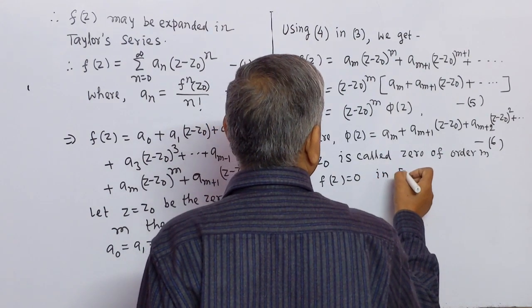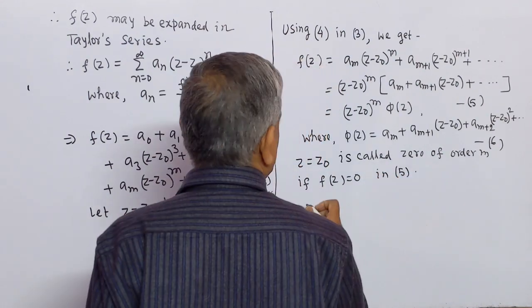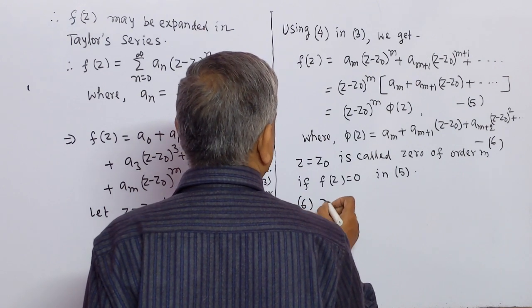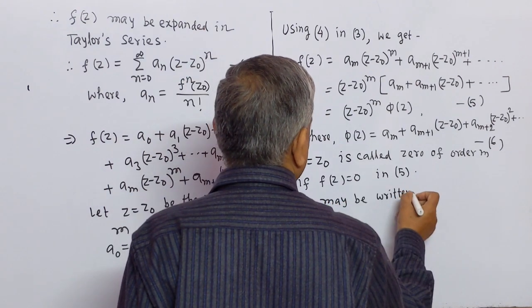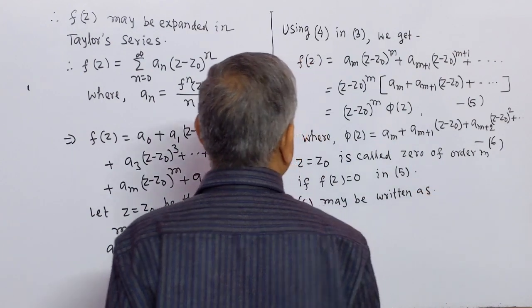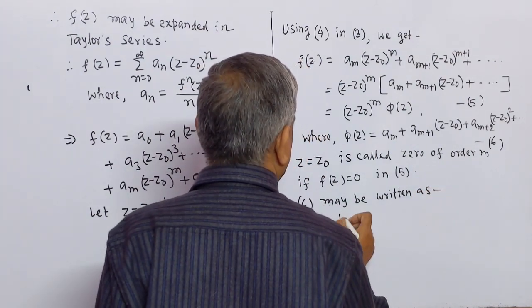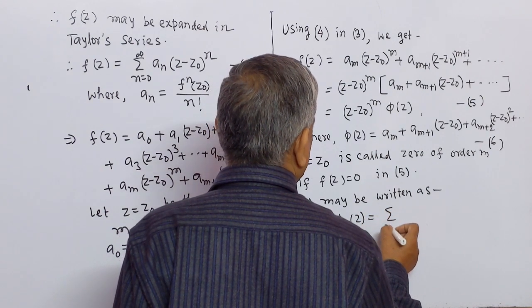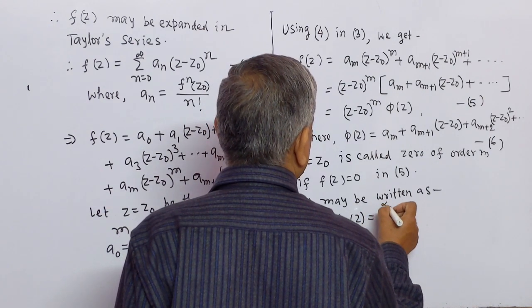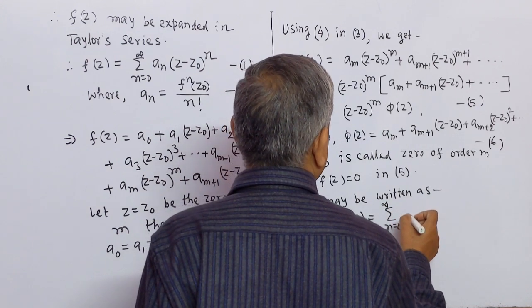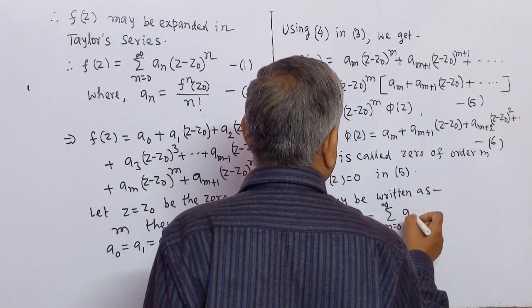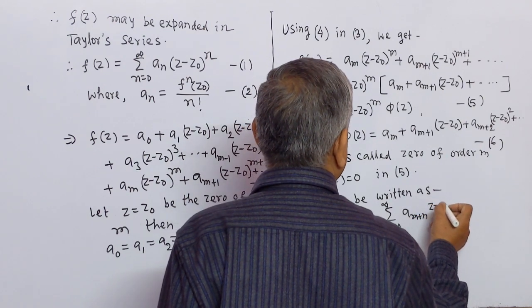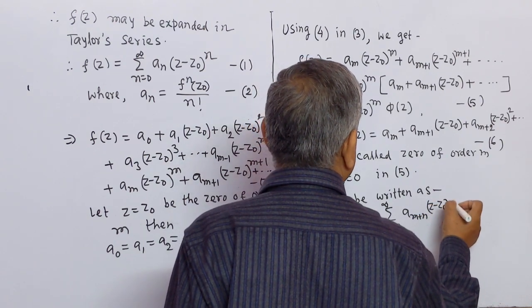In 5, 6, g(z) may be written as g(z) equal to sigma n equal to 0 to infinity a(m plus n) (z minus z naught) whole to the power n.